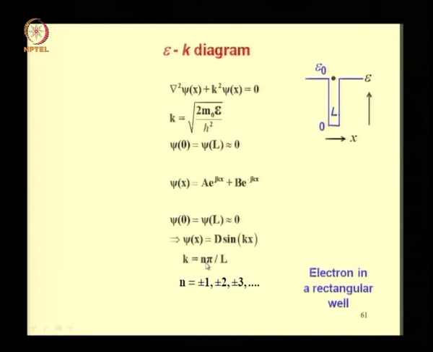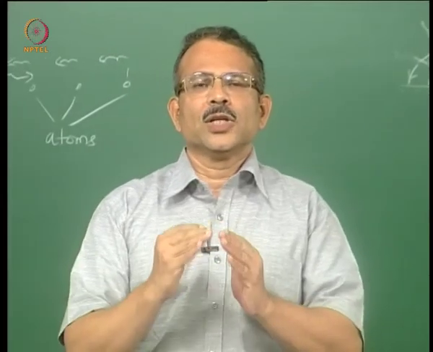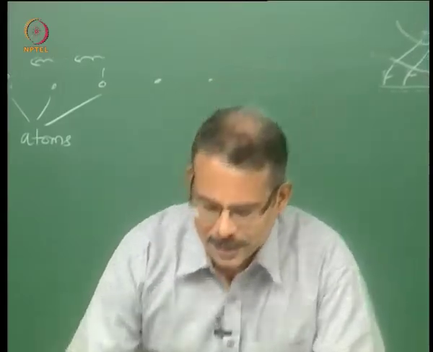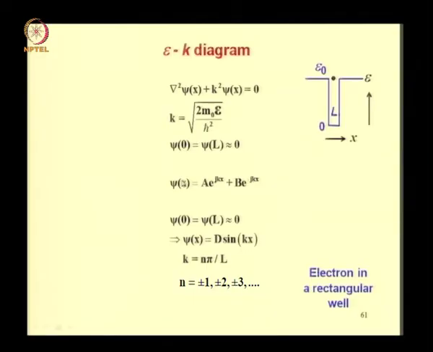This is because for n equal to 0, k is 0 and the energy is also 0, which means that n equal to 0 corresponds to a stationary electron, which is physically not acceptable for our problem. Now this is the quantization aspect coming in as a solution of Schrödinger's equation, and this is what is going to give you the quantization of energy, because the k, the so-called wave vector, is related to the energy E by this formula. So if k is quantized, E also is going to be quantized.